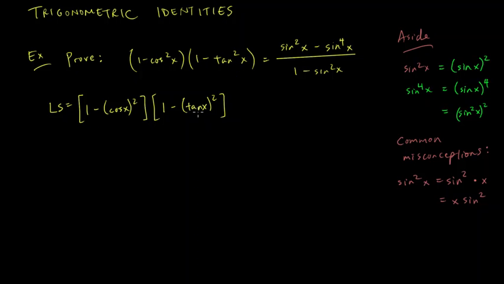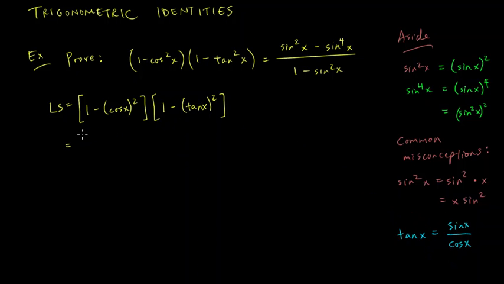You know what tan x is? What's tan x? Anyone? Well, tan x is sine x over cos x, right? Aside: tan x equals sine x over cos x. So this is the whole idea of applying simple identities, this quotient identity, into other identities.